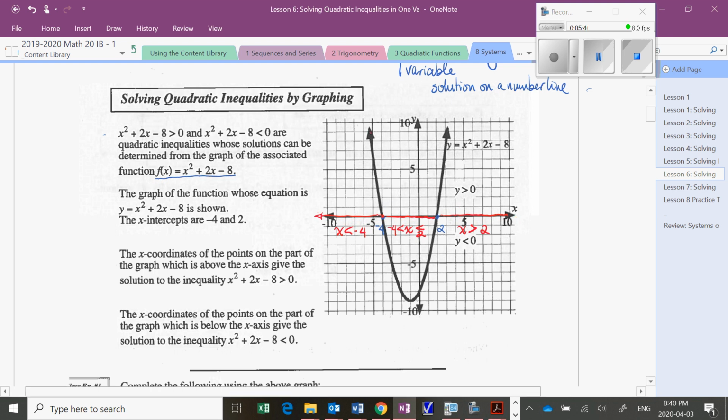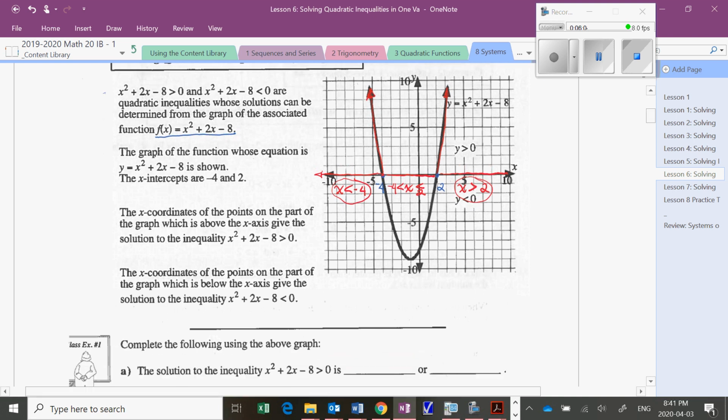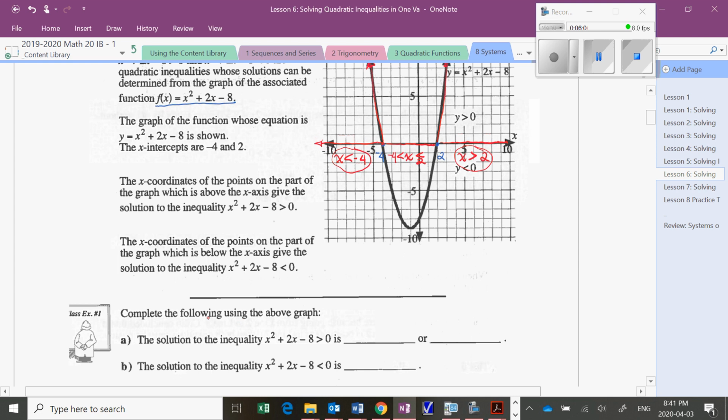You can see right here, this arm is y values greater than 0, and this arm is y values greater than 0. And when do we get those? In these two intervals, when x is less than -4 and when x is greater than 2. And so what we can say then is complete the following using the above graph.